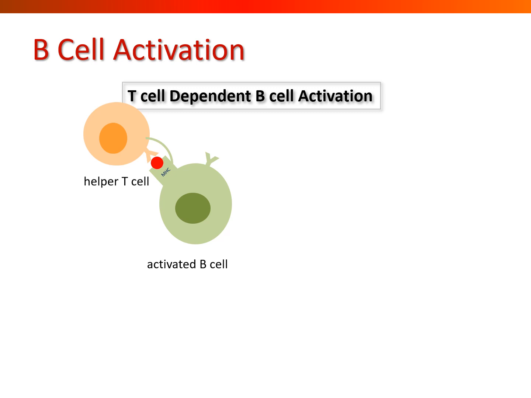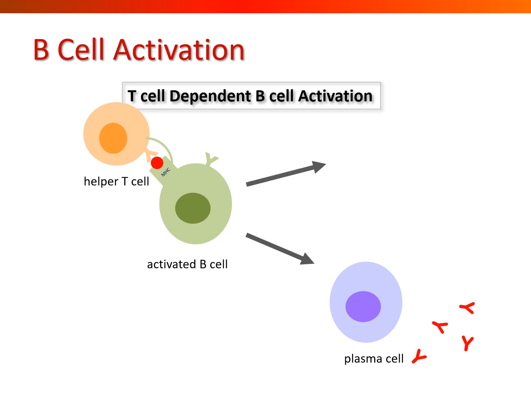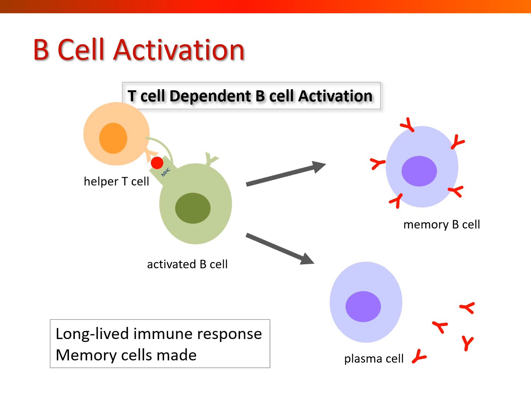And then once that happens, the T cell is going to release some chemicals that are not only going to encourage the B cell to proliferate and differentiate, so we're going to get those plasma cells with their antibodies, but we're now also going to get differentiation into a memory B cell. So with T cell dependent B cell activation, we get a longer lived immune response, and the reason why is because we end up getting those memory B cells.